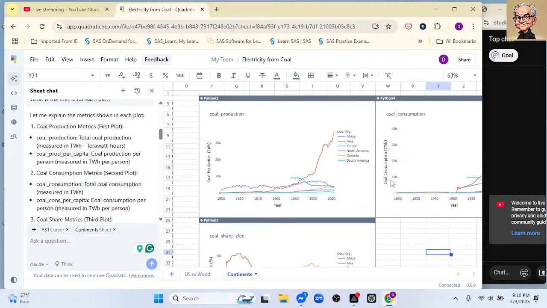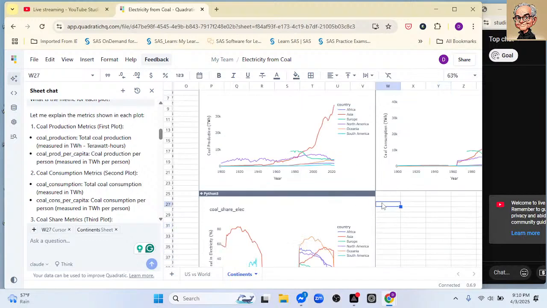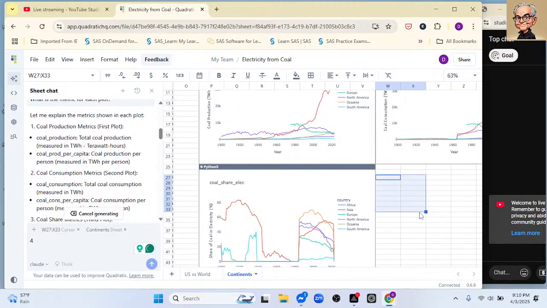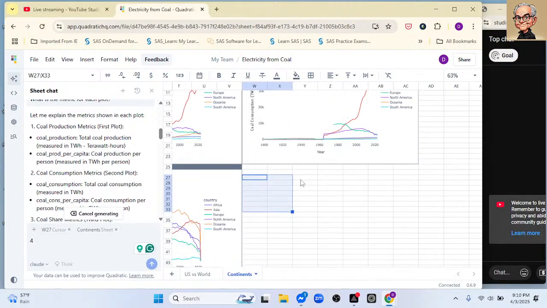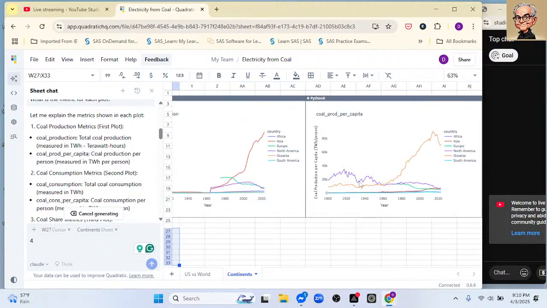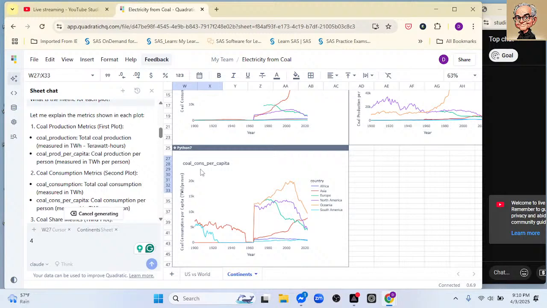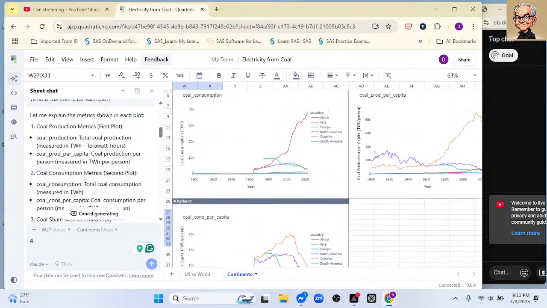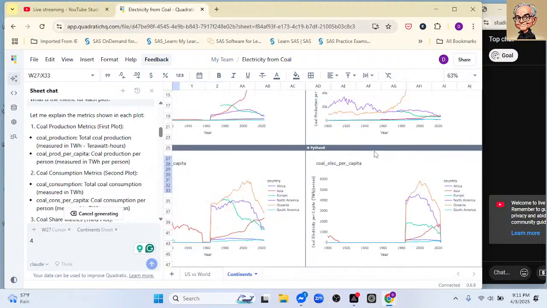Coal production, coal consumption. Okay, change the plots, which we did.